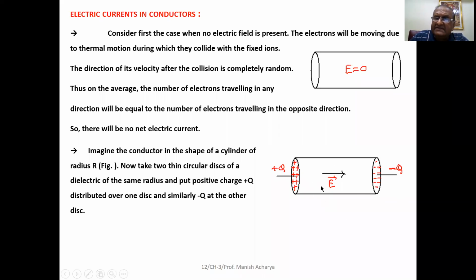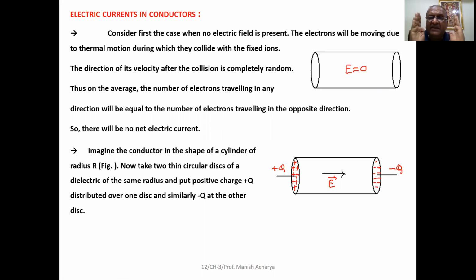As you see in this second figure, suppose we take two non-conducting plates having area exactly equal to the cross-sectional area of the conductor. Then on one plate, we deposit positive charge, and on another plate, we deposit negative charge.